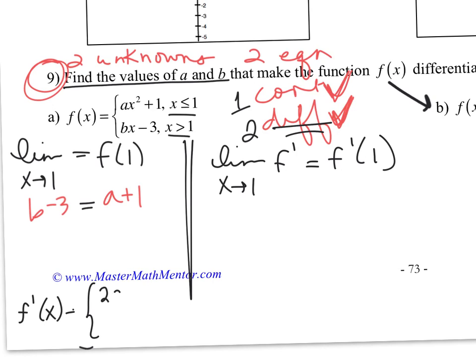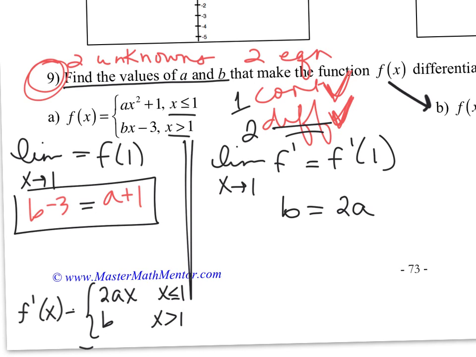The derivative is 2ax when x is smaller than or equal to 1, and b when x is greater than 1. F prime of 1 is 2a, and the limit as x approaches 1 of the derivative is 2a on the left and b on the right. These have to be the same, so 2a must equal b.